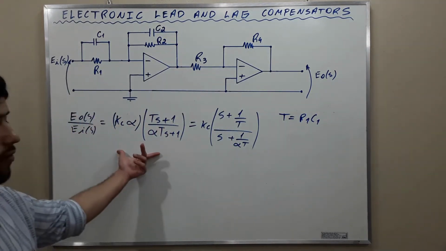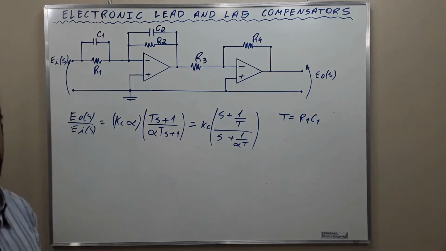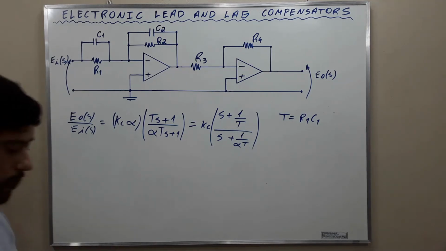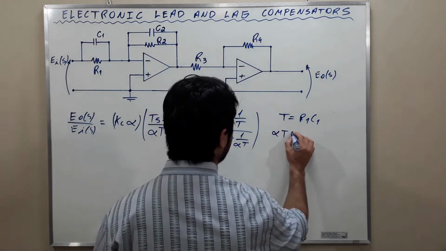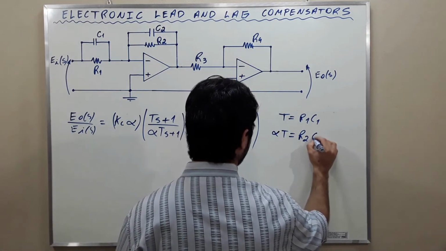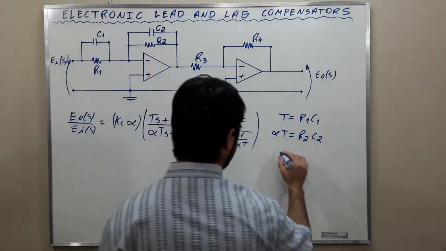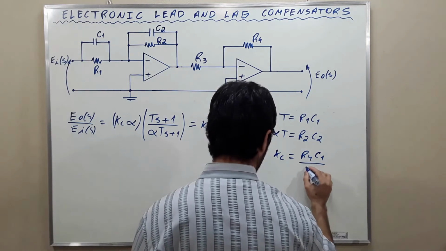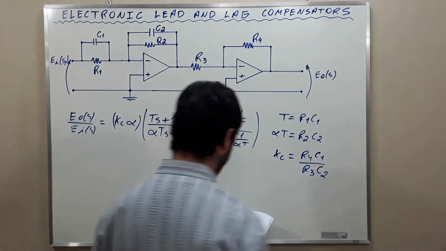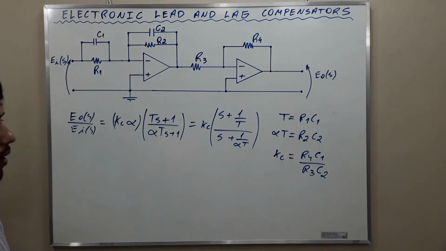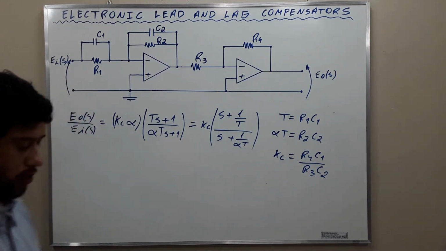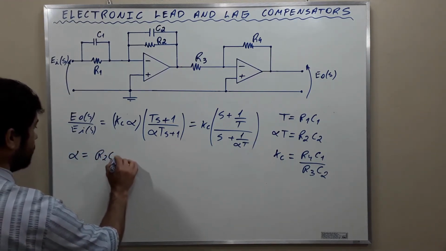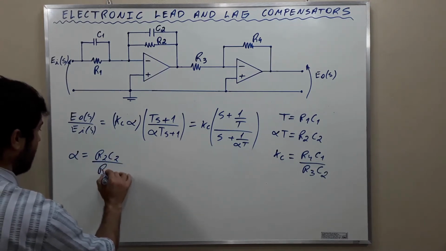Just compare this with the transfer function that I drew before, that I just erased. Alpha T is equal to R2 C2, and Kc is equal to R4 C1 over R3 C2. Okay? With this, we notice that alpha is equal to R2 C2 divided by R1 C1.